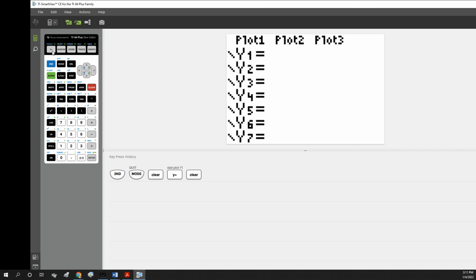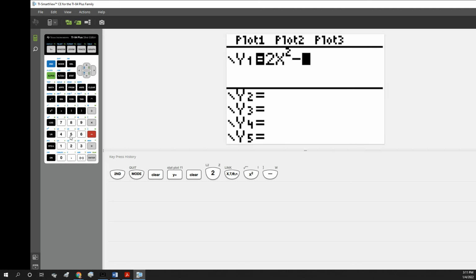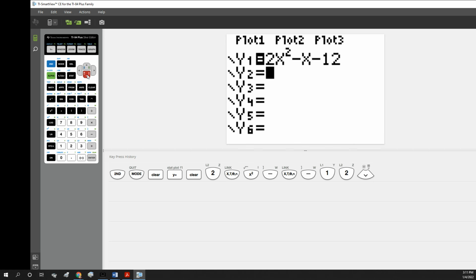Okay, so what I want you guys to do is go to y equals, and then for y1, we're going to put in our f function, which is 2x squared minus x minus 12. Right? And then for y2, we're going to put in g, which is x plus 7. Okay? And then we're going to quit out of that.